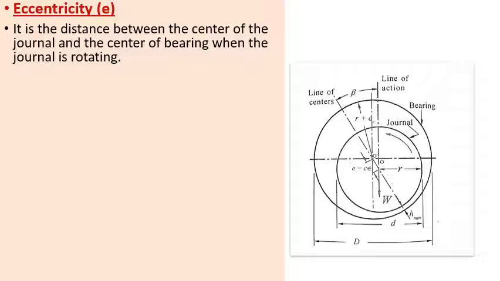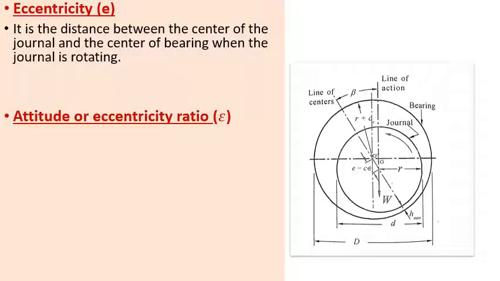Next is eccentricity, denoted by small e. It is the distance between the center of the journal and the center of the bearing whenever the journal is rotating. So when the journal has moved to an eccentric position because of the load acting on the journal, and when the speed of the journal also reaches maximum, you can see this eccentricity between the center of the bearing and the journal.